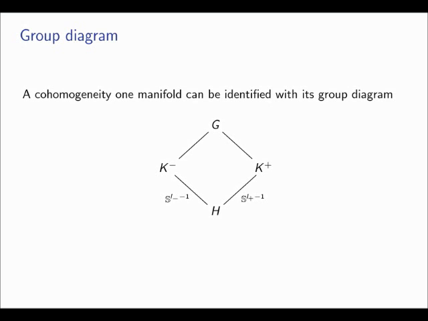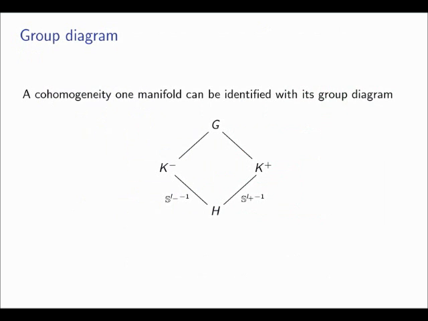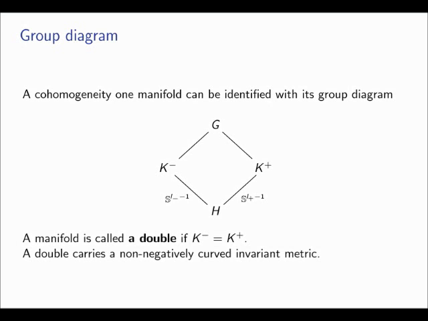This is called the group diagram. For each cohomogeneity one manifold, you can get the diagram from the group action, and from the last slides, if you know the group diagram, then you can get the manifold by gluing these two. So you have a one-to-one correspondence between the manifold and the group diagram.